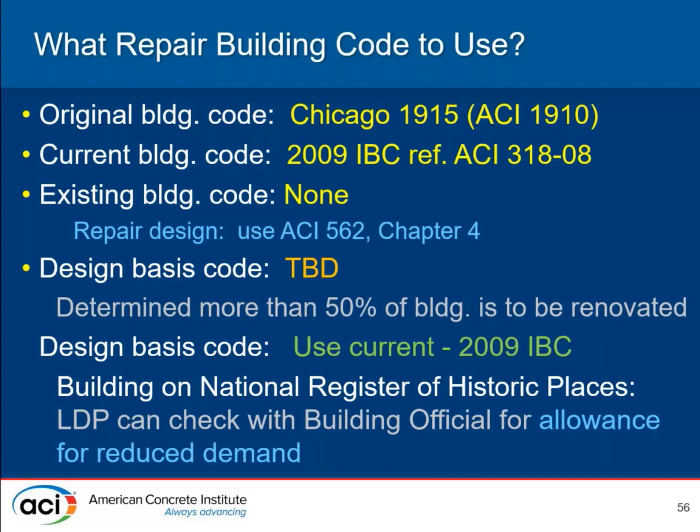you're going to be coming to Chapter 4, and if there's no existing building code specified, then you're going to be basing the design basis code on either the original building code or the current building code, depending on the status of the structure that you're assessing. So if you've got potentially dangerous structural damage, for example, Chapter 4 tells you to use the current building code.